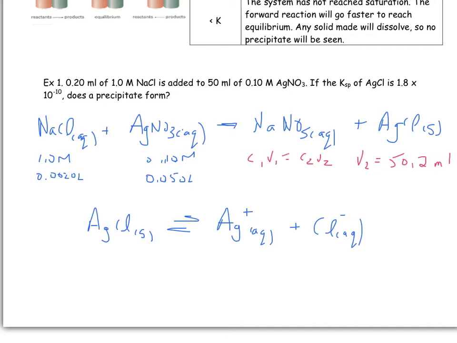Using C1V1 equals C2V2, the concentration of the silver will be 0.0996 moles per liter, and the concentration of the chlorine will be 3.98 times 10 to the minus 5 moles per liter.